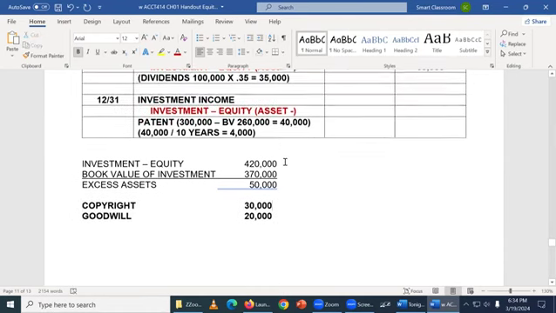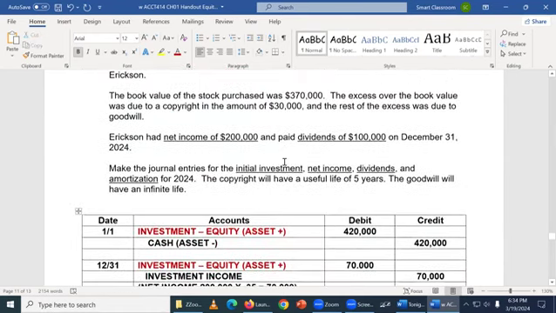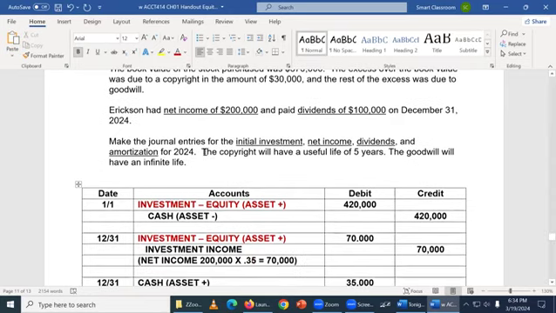The copyright will be. You see how many years? Oh, yeah, here, 5. So the copyright is going to be written off over 5 years.